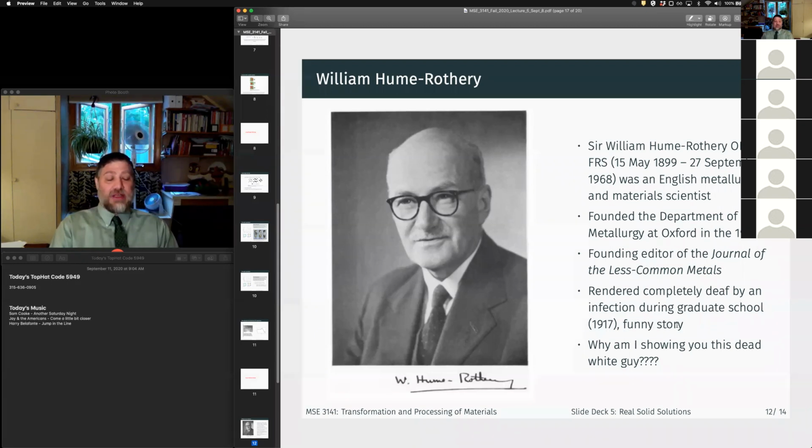And because he was deaf, he essentially would have graduate students sit next to him and transcribe the talks as the speakers were going, and write them all down so that he could participate in the conference. And one of these graduate students was a mentor of mine, a British metallurgist by the name of Rothe, who did a lot of very fundamental work on recrystallization and recovery.